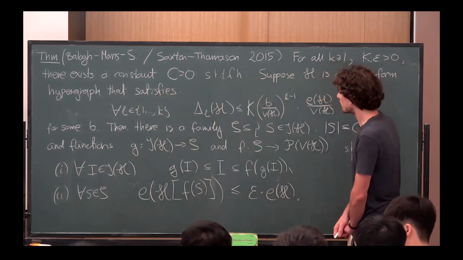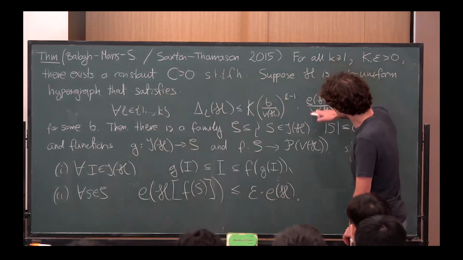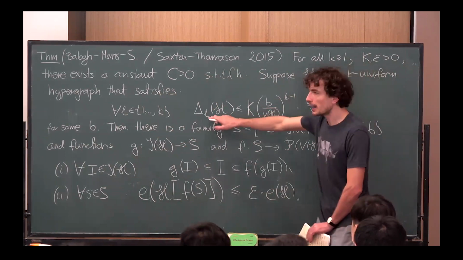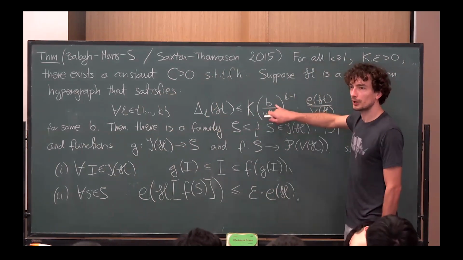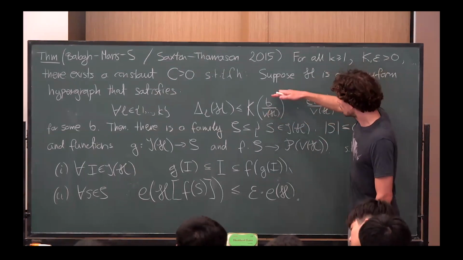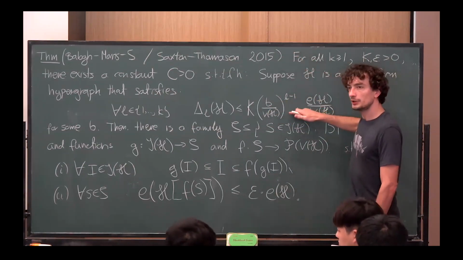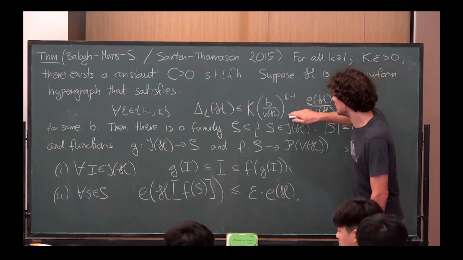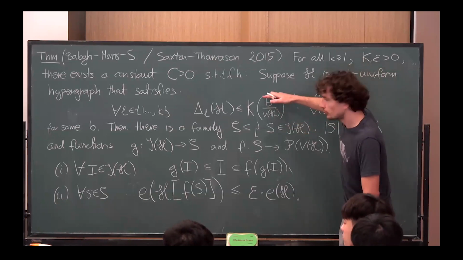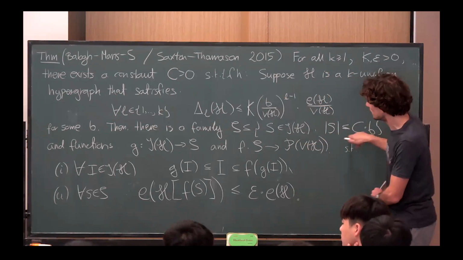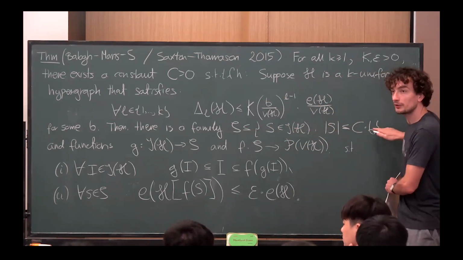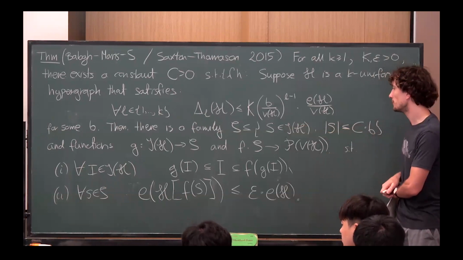So let's try to read it. We assume something about the hypergraph. We bound its degree in terms of this parameter B, which we are free to choose. The larger the parameter, the easier it is to satisfy. However, the smaller B, the smaller this family S is, so we get a stronger statement.